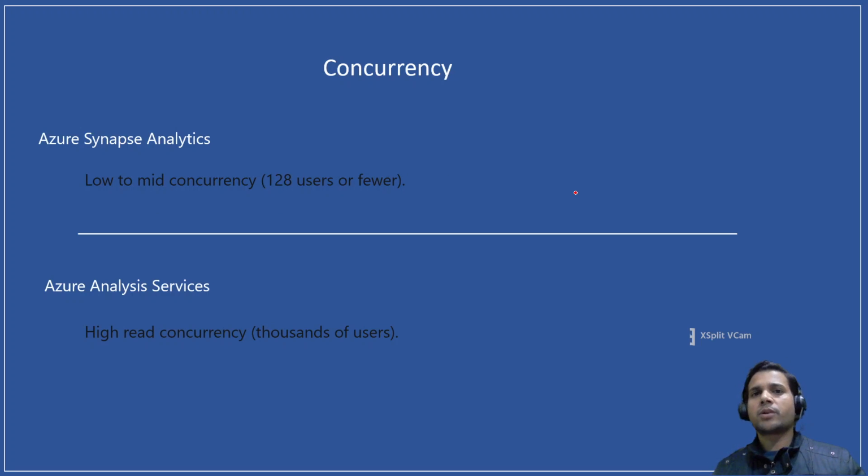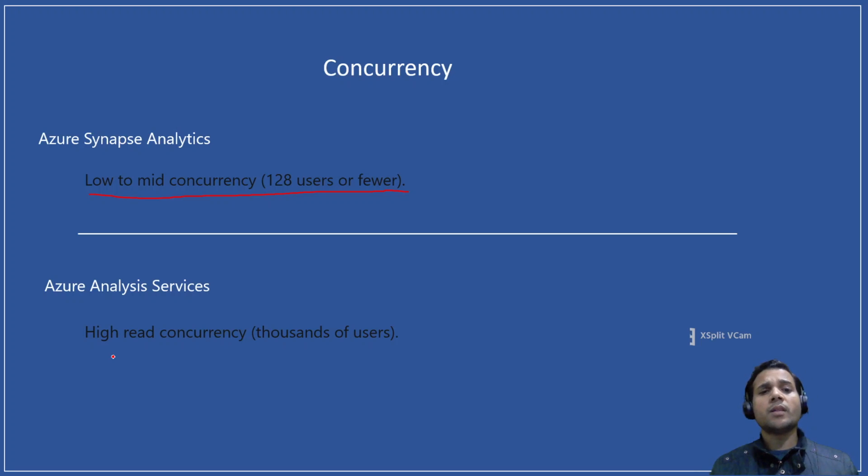If you talk about concurrency, concurrency means how many active users can be there at a single point of time. On this view, Azure Synapse Analytics gives a low or mid concurrency level, so it can have only 128 users at a single point of time. However, Azure Analysis Services supports thousands of users.